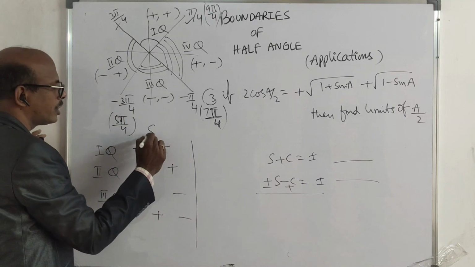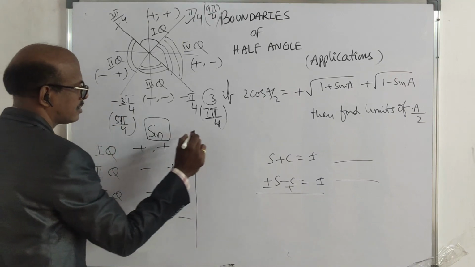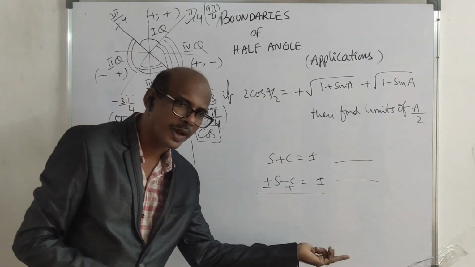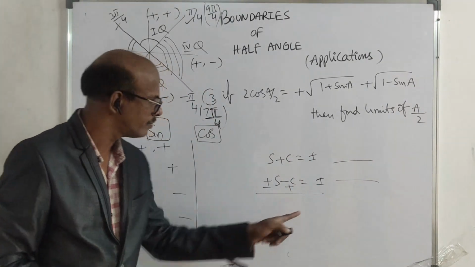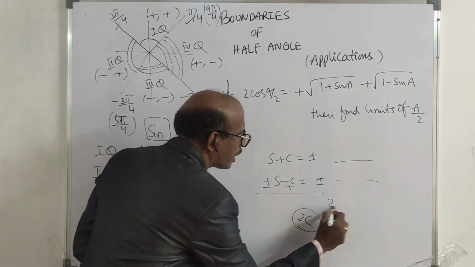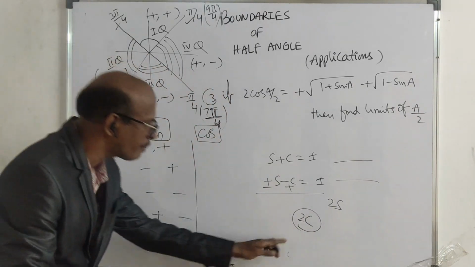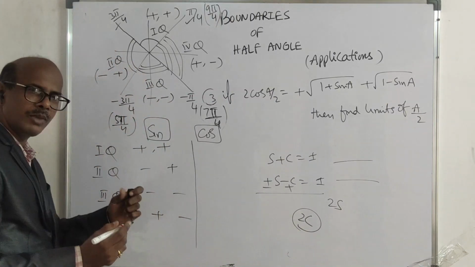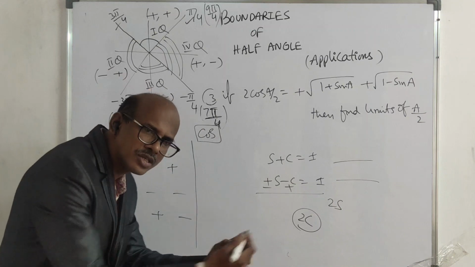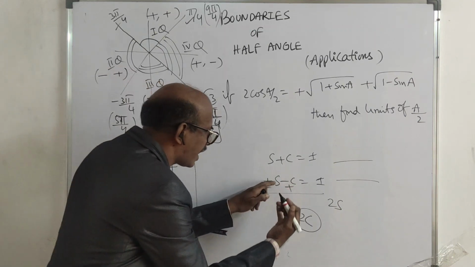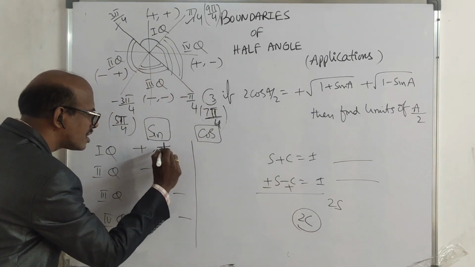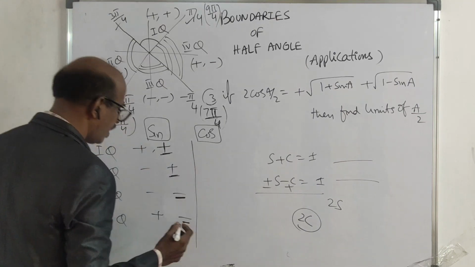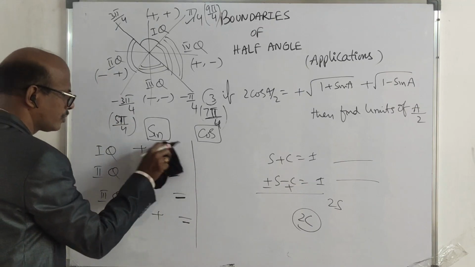A tabular form is given to you, this for sine and this for cos, so that there is clarity. The reason is already explained. By subtracting we get 2c, by adding we get 2s. Don't confuse. By subtracting we get 2c, meaning 2 cos. So subtracting means from the first to the second, the second symbol is changed. You have to change this one. Don't confuse.